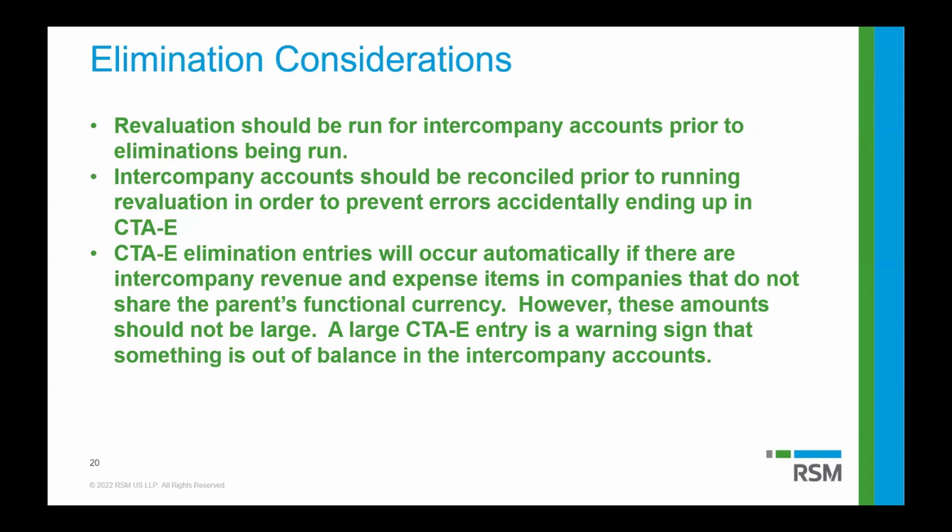That's a nuance, and I've seen that before. Nonetheless, those should not be large amounts, and those should be readily, easily identifiable. So you absolutely want to make sure that those are balancing before you run reval.